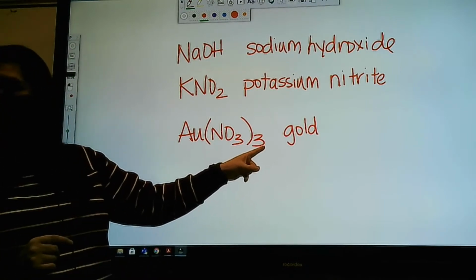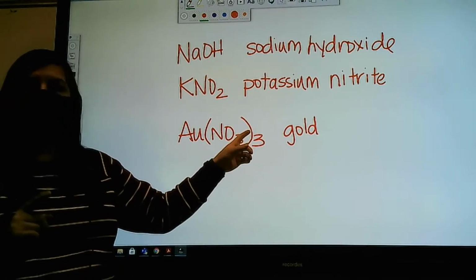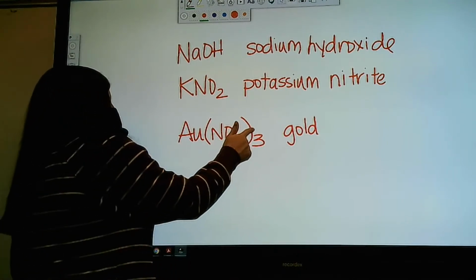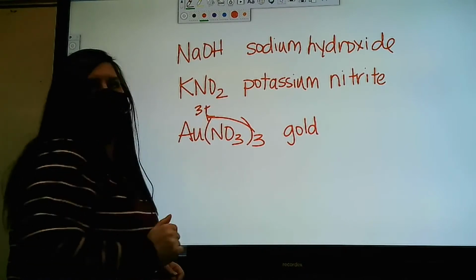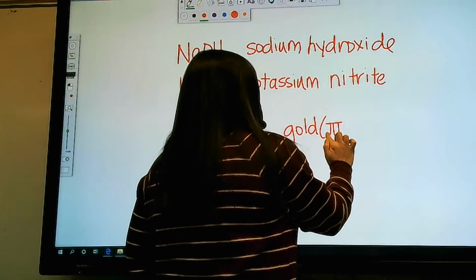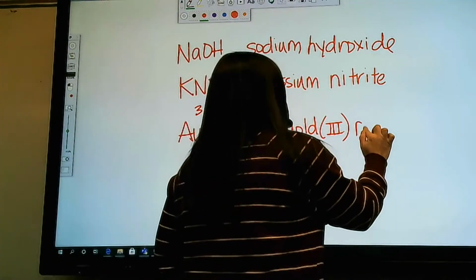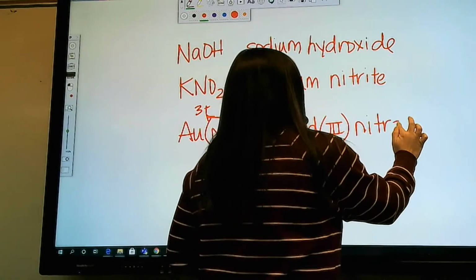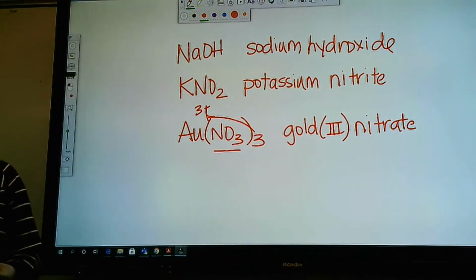Since there is an extra subscript, we can do that reverse crisscross. So I know that gold was originally a 3+. Okay, so I put 3 in Roman numerals, and then I just say nitrate. Like that.